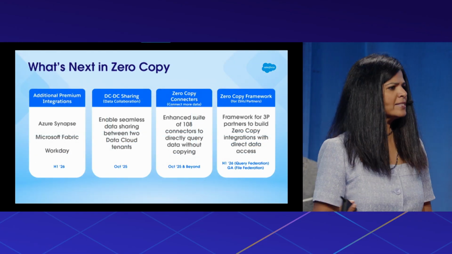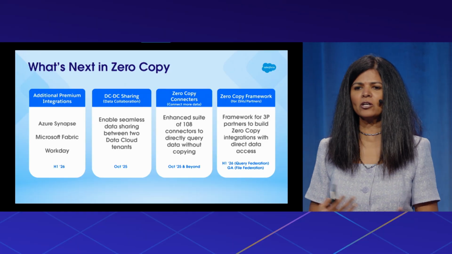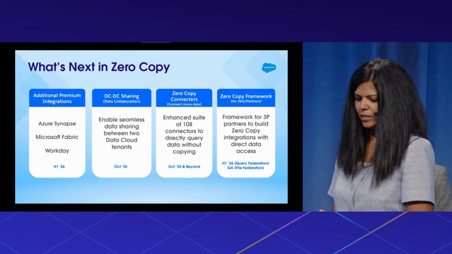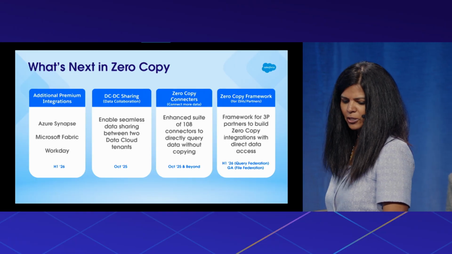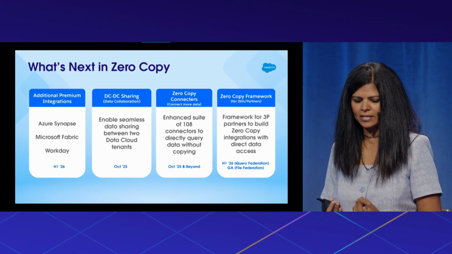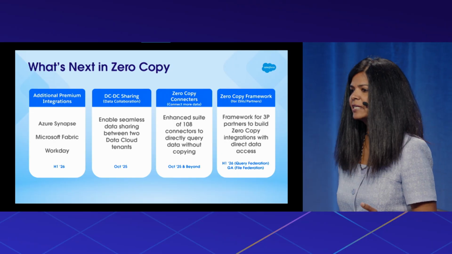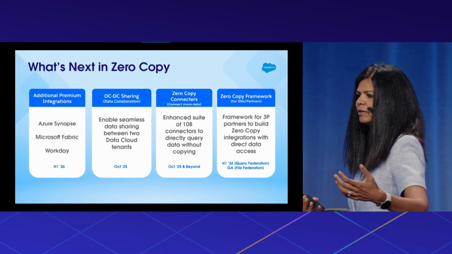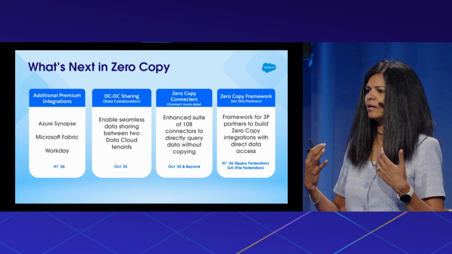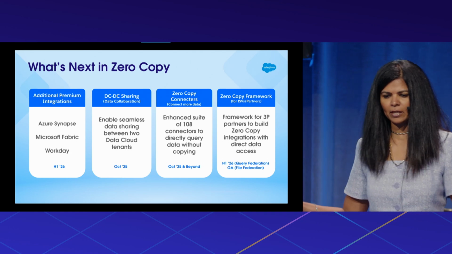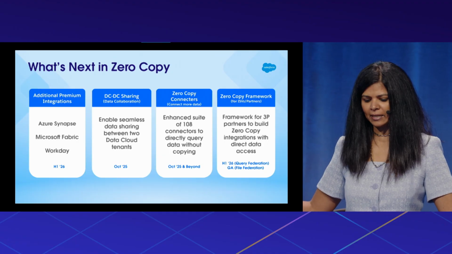So what's next in zero copy? We're innovating. We're constantly adding a lot of new features to our product. We're having additional premium integrations, so we're going to be integrating with Azure Synapse, Microsoft Fabric, Workday. We have DC to DC sharing. We already have that, it's powering our data clean rooms today, but we're opening it up so that you can actually share data between two Data Cloud tenants.